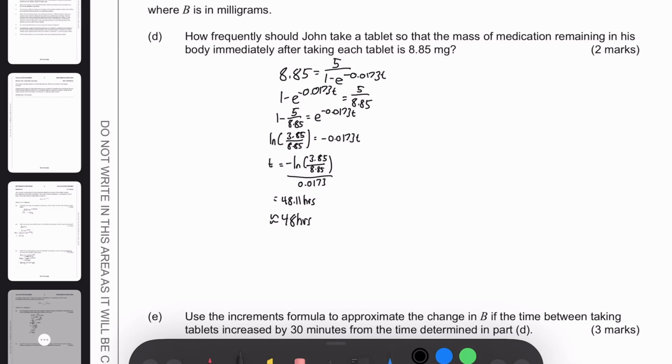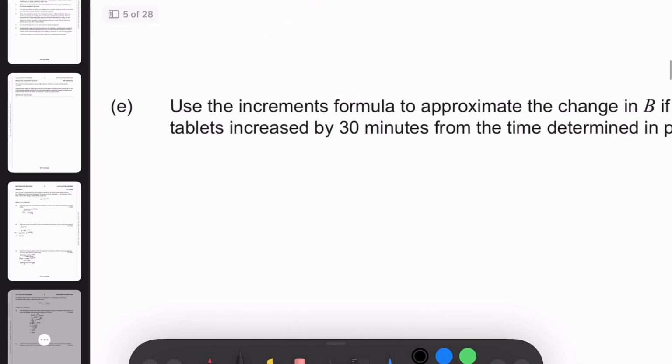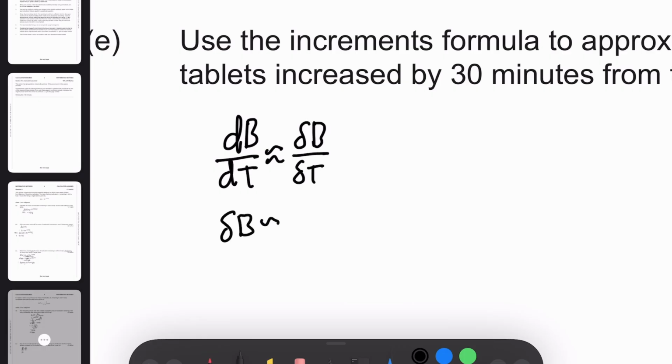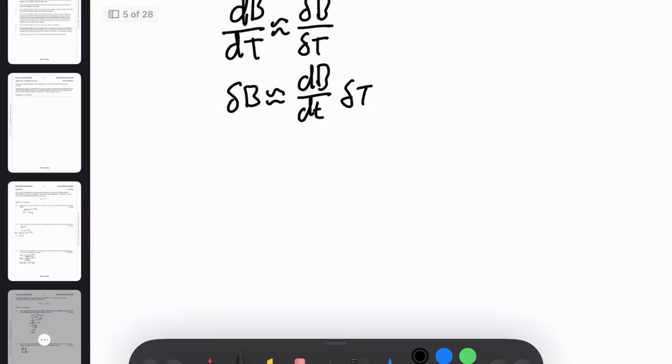Okay, so then we want dB over dt is roughly equal to a small change in B divided by a small change in T. So we want delta B to be dB/dt times delta T. Okay, so first we have to find dB/dt.